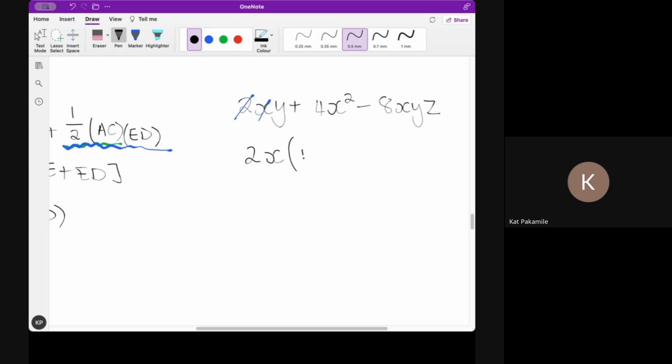Okay, and the plus we get from the original symbol that was there. If you took out 2 from 4, what's left? 2.